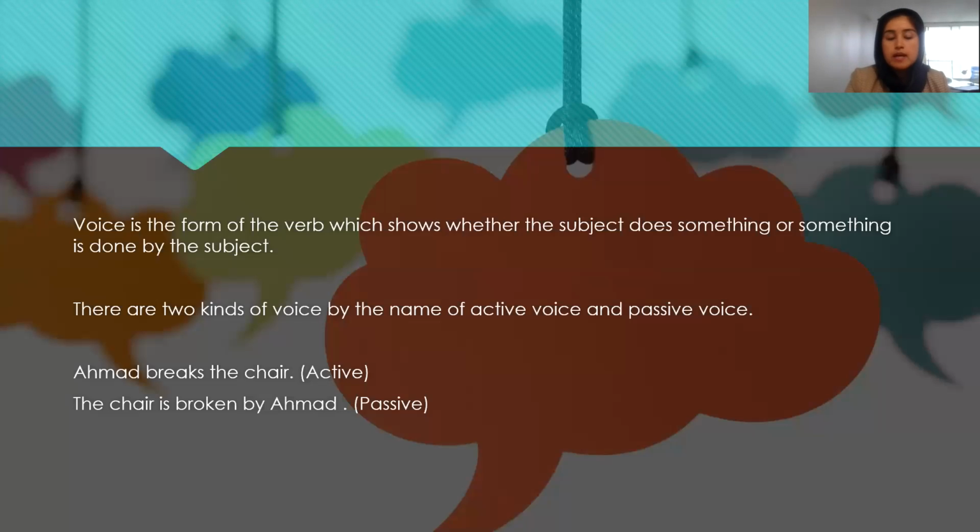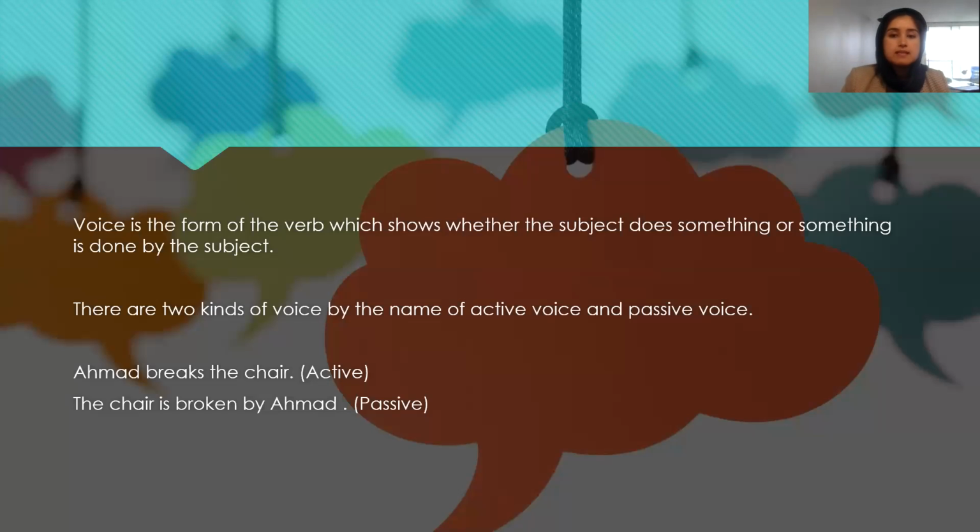First, what is voice? Voice is a form of a word which shows whether the subject does something or something is done by the subject. So it shows whether the person or the subject does the action, or this action is done by this subject.